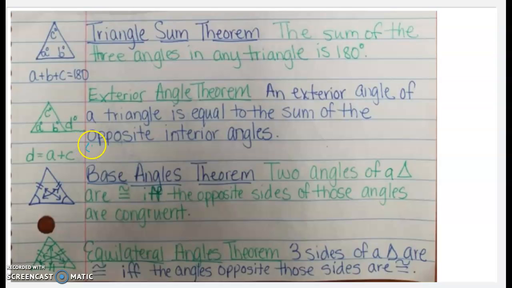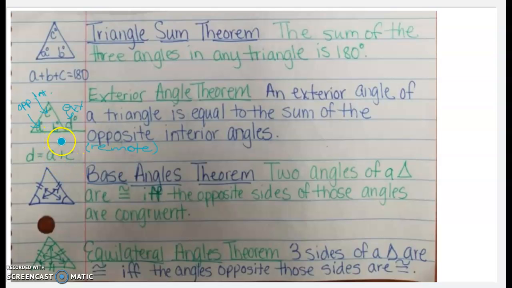Those are the opposite interiors, so they're opposite the angle. So angle D, the one on the outside, is going to equal the two on the inside, A plus C.